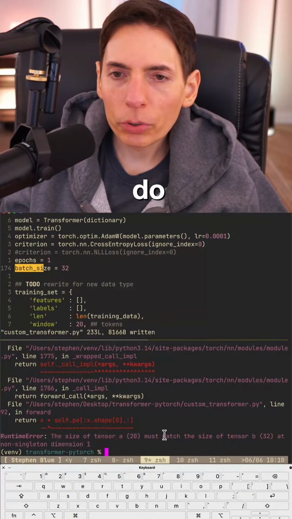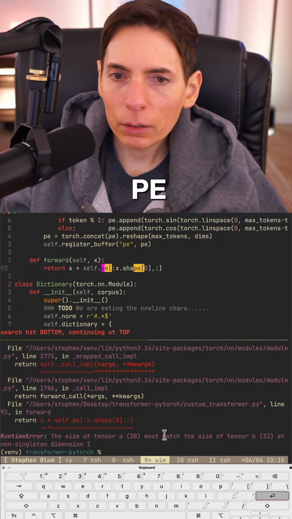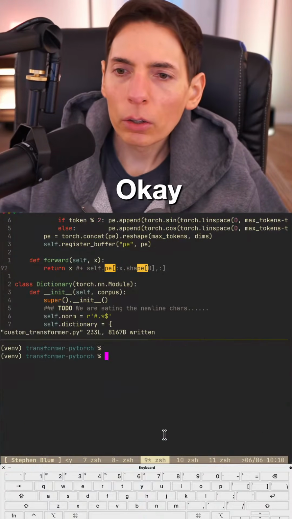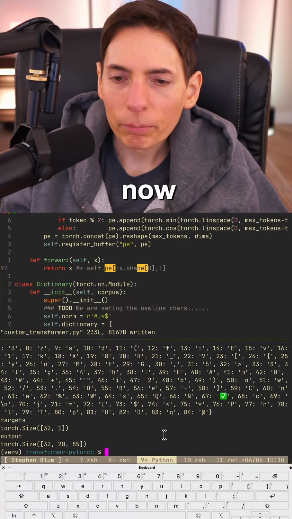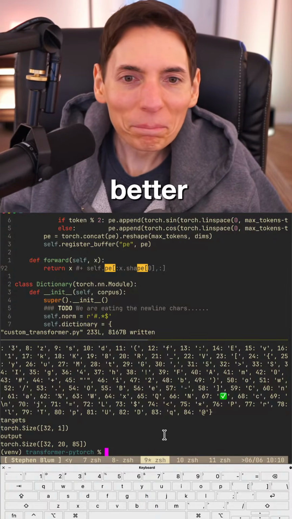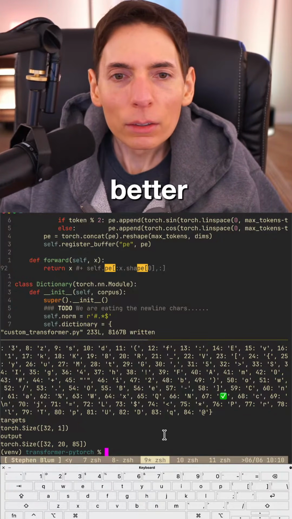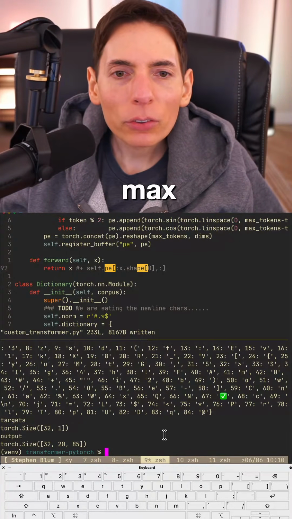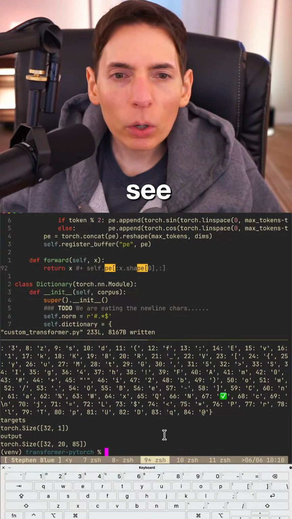How about we don't do positional encoding right now? PE. All right, so we'll just return. We're going to hide that for now. Okay, there you go, 32. Does that make it better? Make the batch longer than the max input size so we can see it easier.